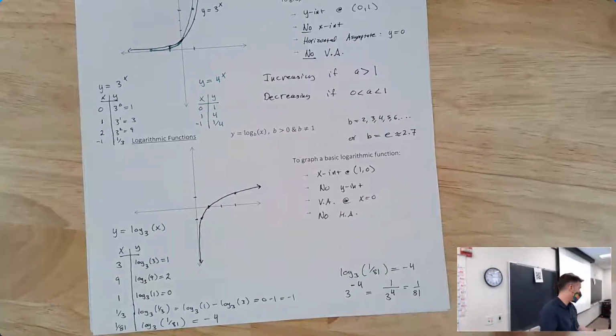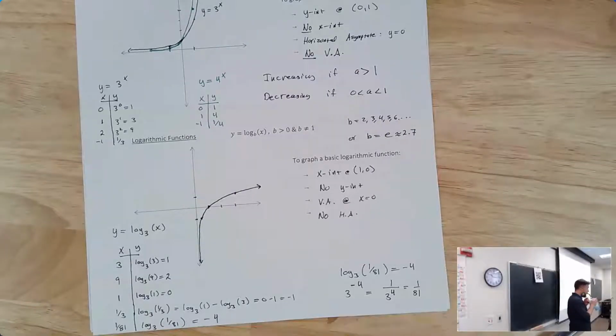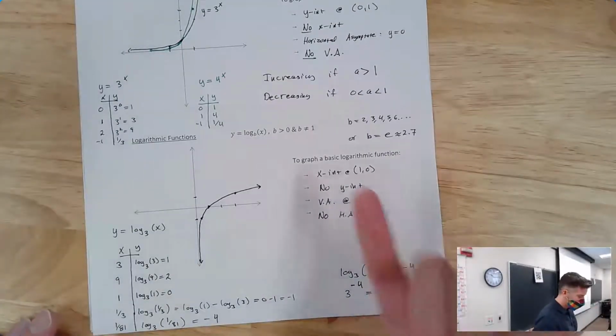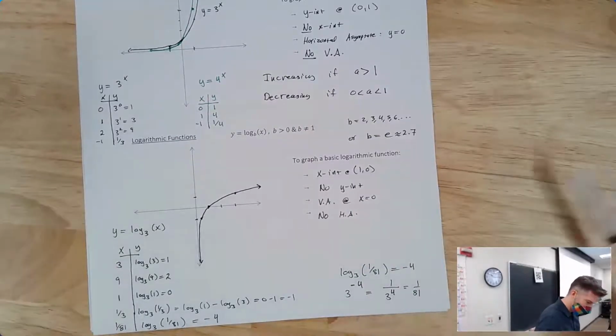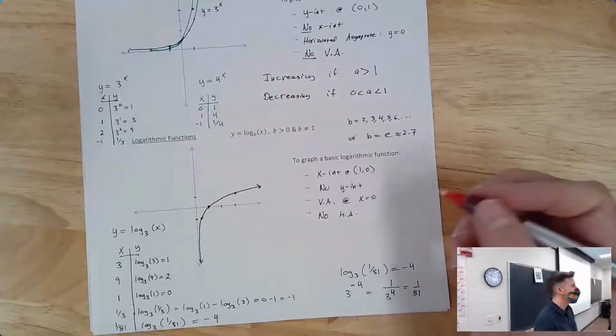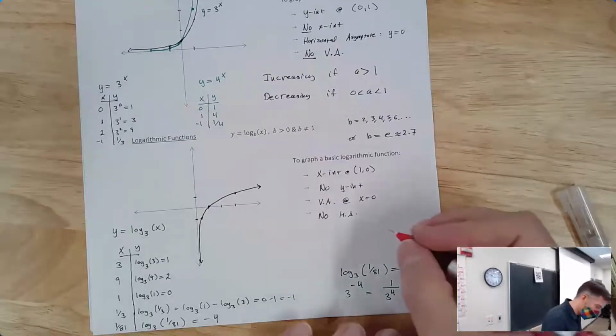Question: for all of those bases, 2, 3, 4, 5, 6, would it also have the x-intercept at 1, 0? Yes, exactly. For any base, the x-intercept is going to be 1, 0. For example, pick your favorite large number. I'm going to pick 8.